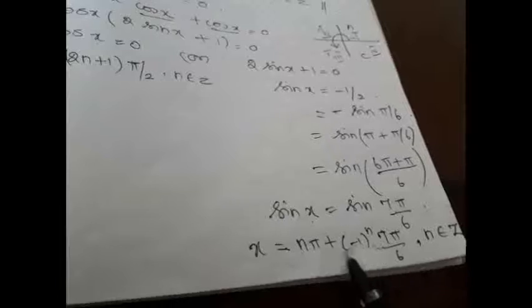This is how we got it, using the sin x equal to sin y identity, the general solution. So the general solution for the given equation is x equal to (2n plus 1) into pi by 2 where n belongs to Z, or x equal to n pi plus minus 1 the whole power n into 7 pi by 6 where n belongs to Z. These two are the general solution of the given equation.